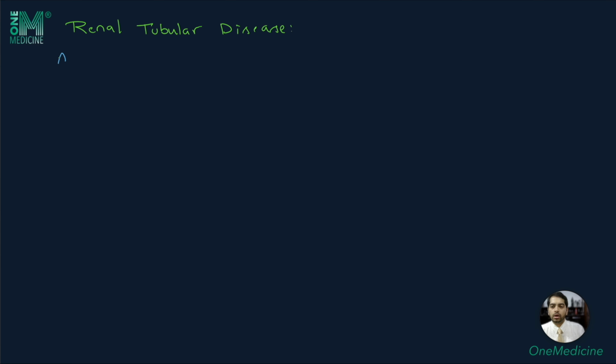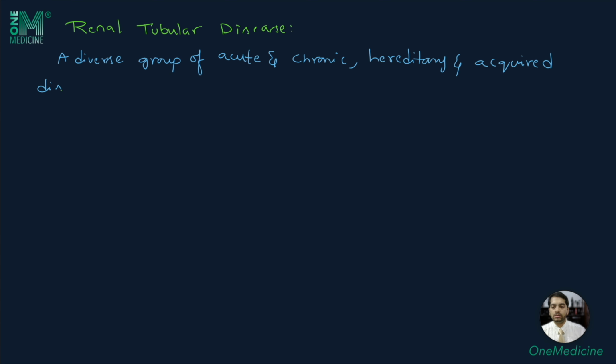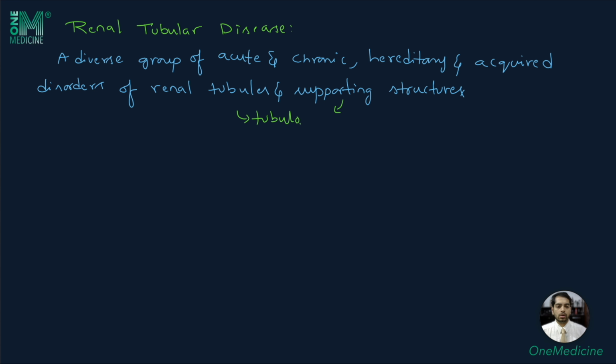These include a diverse group of acute and chronic, hereditary and acquired disorders of renal tubules and supporting structures, and they are usually grouped as tubulo-interstitial diseases.